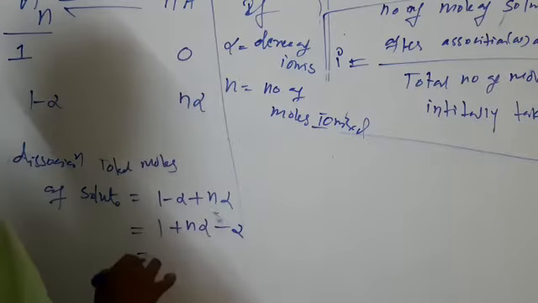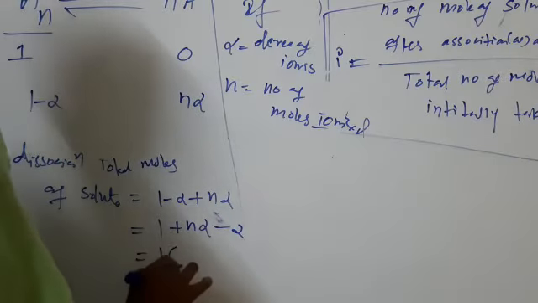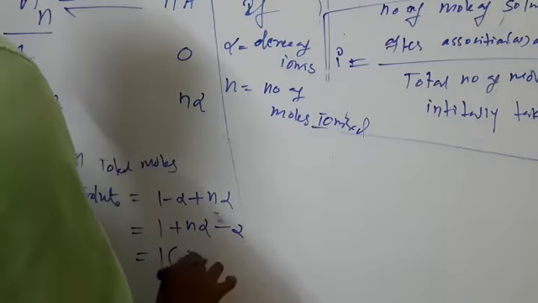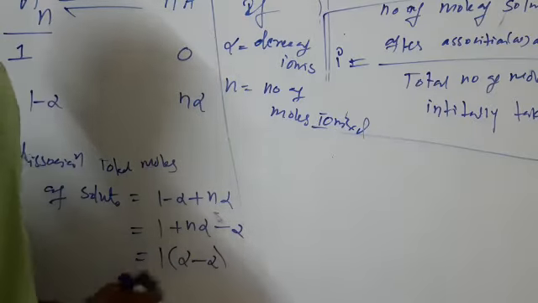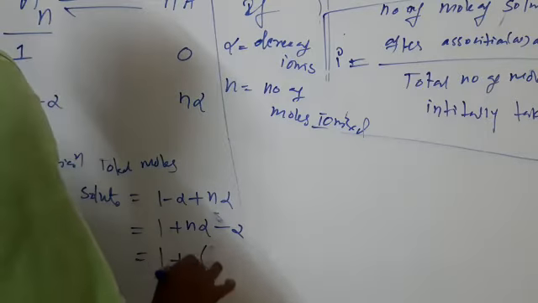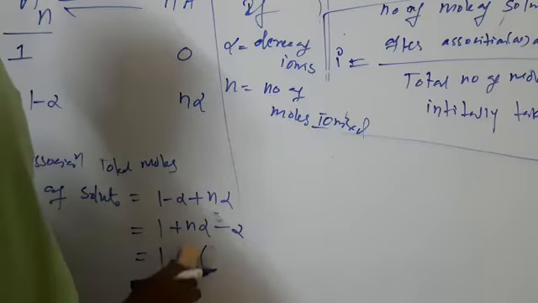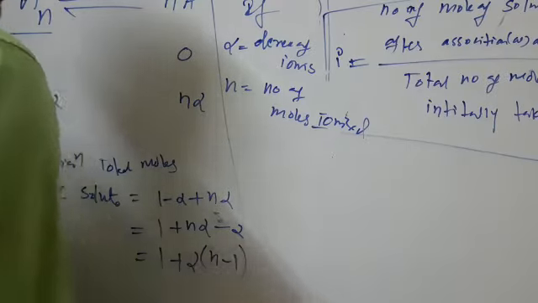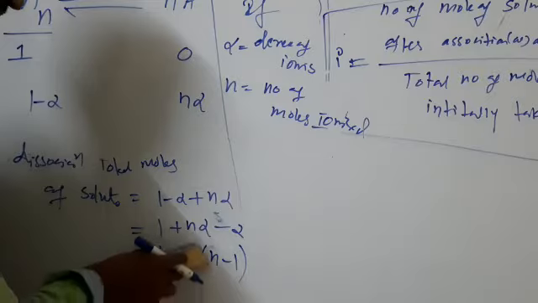Taking n alpha common, you get 1 plus alpha into n minus 1.